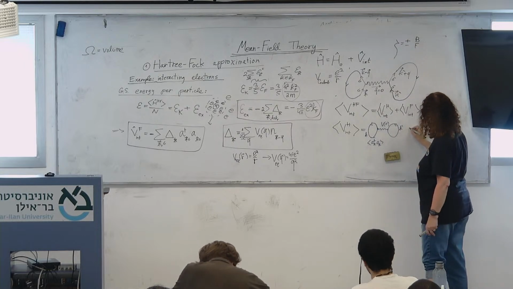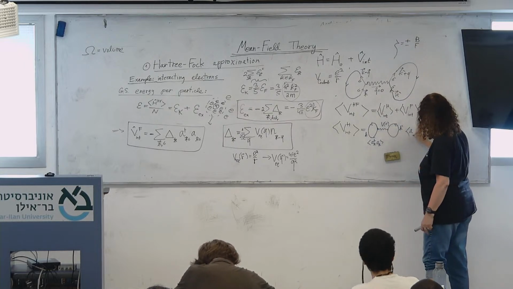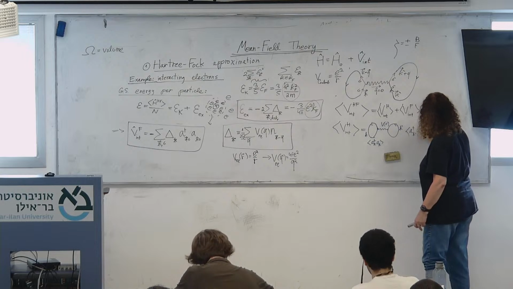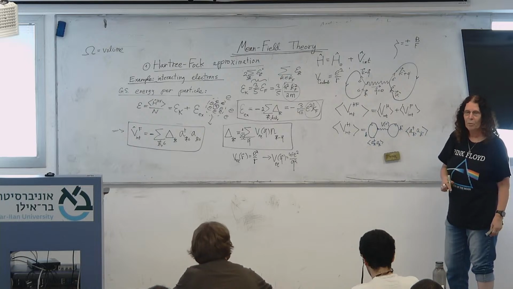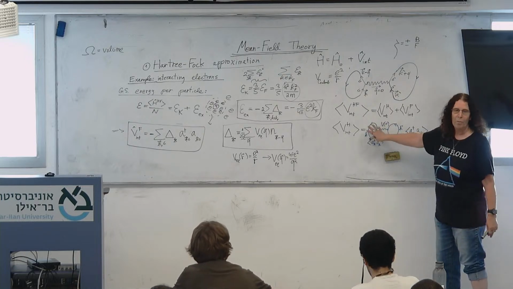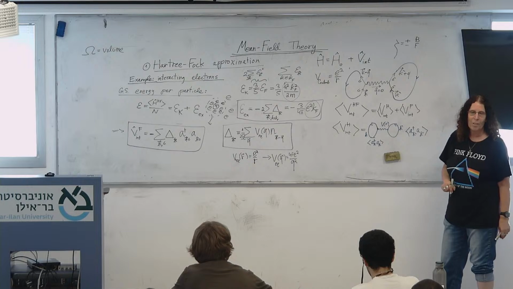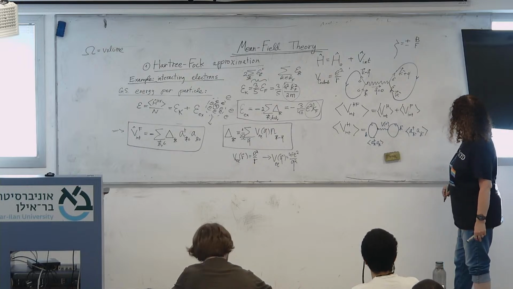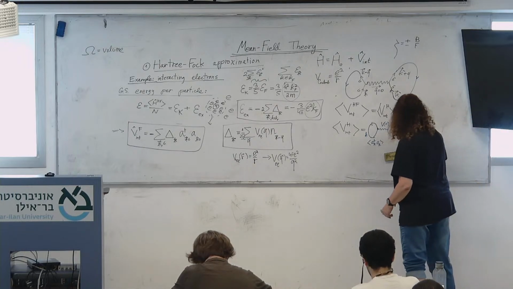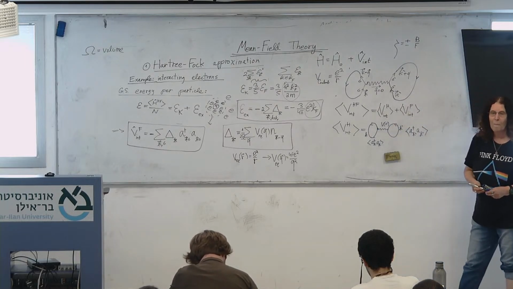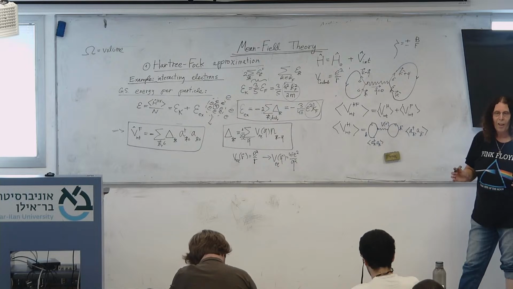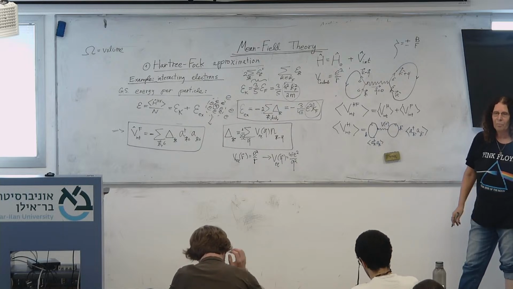I'm now a bit uncareful with the spins. They just give you some factors of 4, right? Because this has to be multiplied by 2 and this by 2, so overall it's 4. All right, so that's a diagram that describes graphically the Hartree term.